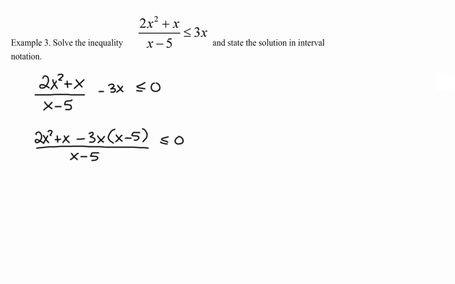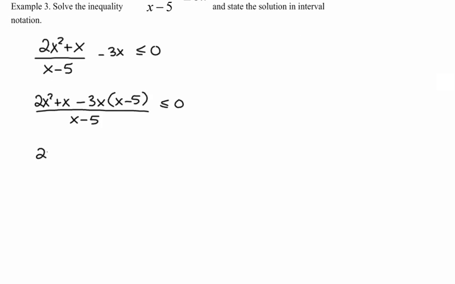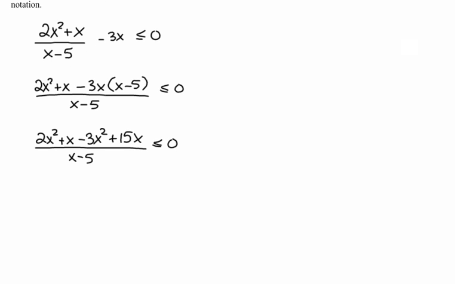Let's simplify this. 2x squared plus x, and we'll bring in the negative 3x, minus 3x squared plus 15x. And see if we're going to need to factor here, but collect like terms. Negative x squared and plus 16x over x minus 5.